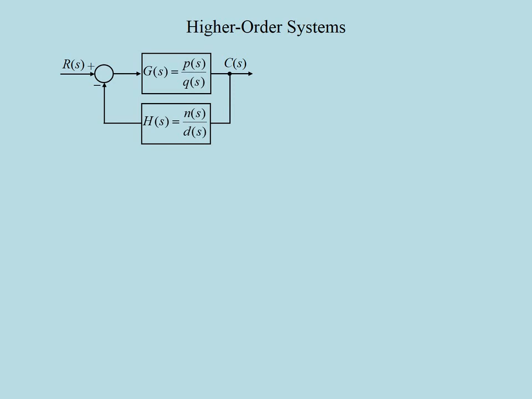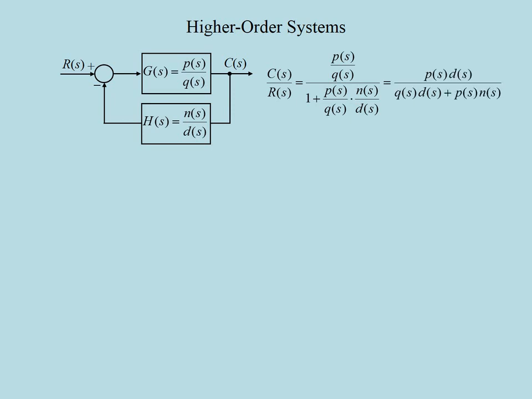In other words, they are ratios of two polynomials in s. Using simple block diagram algebra, we can write the closed-loop transfer function in terms of these polynomials p, q, n, and d, and the result will be again a real rational function.